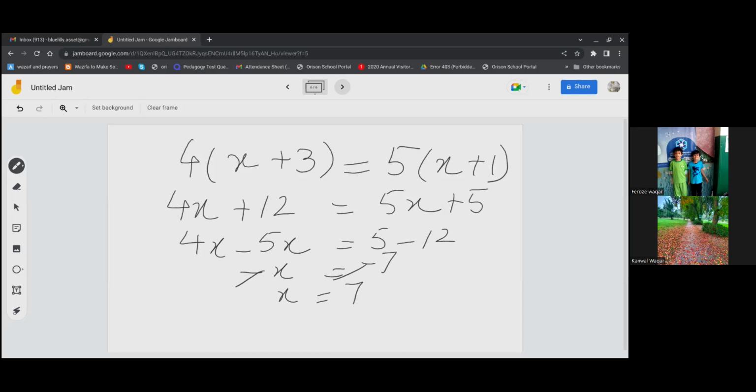Now put it in the fraction. A fraction consists of two numbers, numerator and denominator.